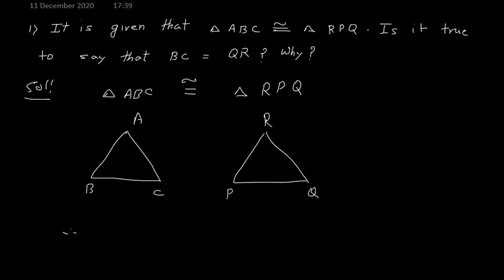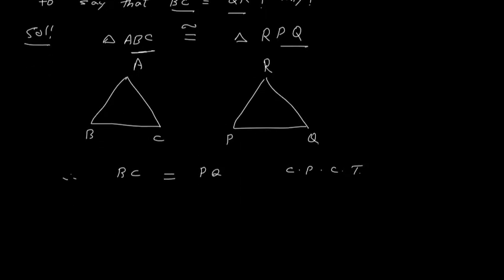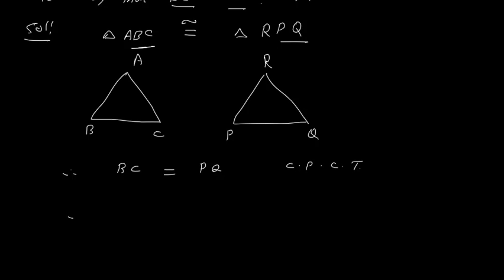So therefore, side BC will be equal to PQ, right? This is corresponding part of congruent triangle. So BC is equal to PQ, and what is given? We have given BC is equal to QR. So therefore, BC is equal to PQ.